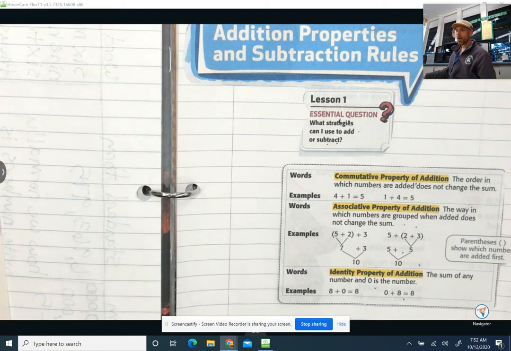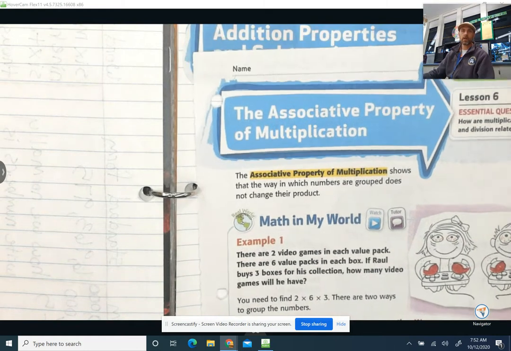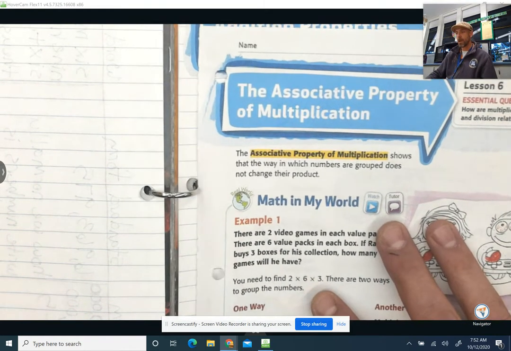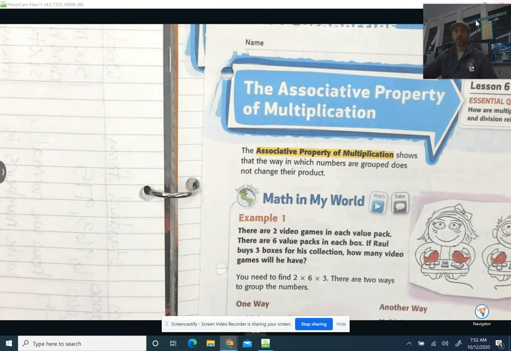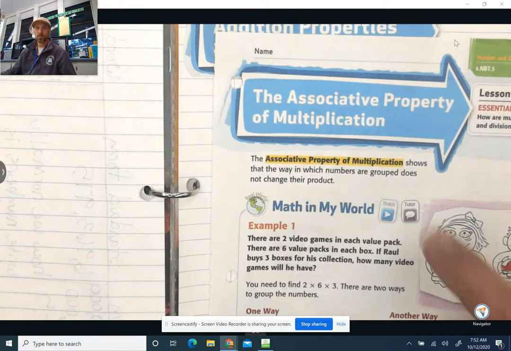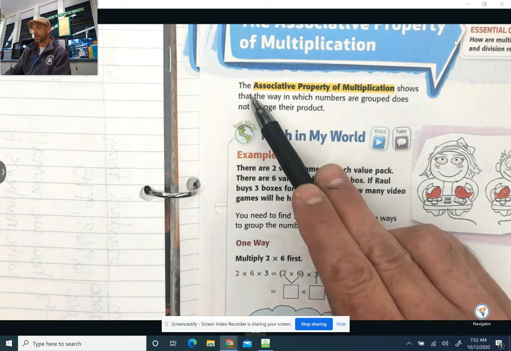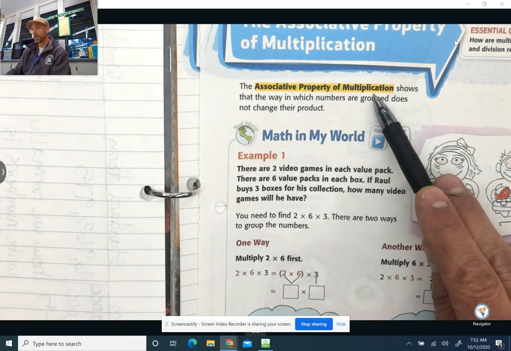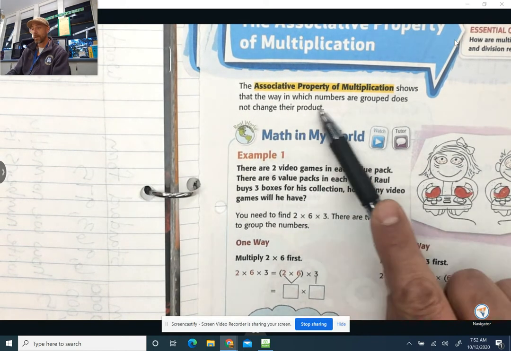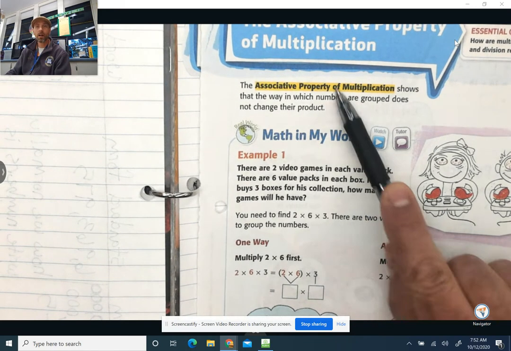Now, we are talking about today the associative property of multiplication. Okay? And the only difference here is the operation. We're multiplying instead of adding. If you look closely at the definition here of the associative property of multiplication, it shows that the way in which the numbers are grouped does not change their product.